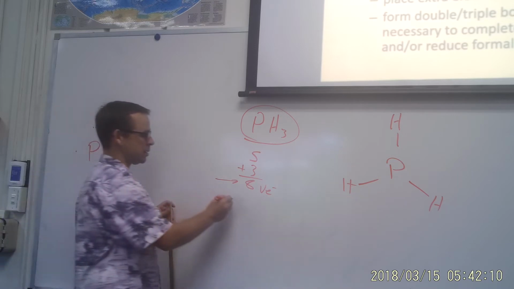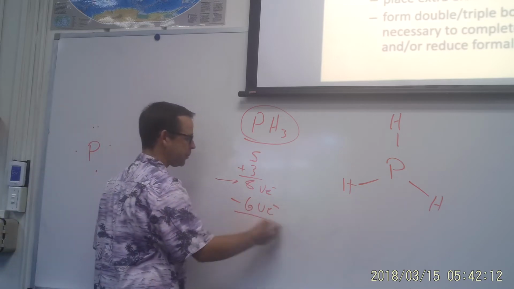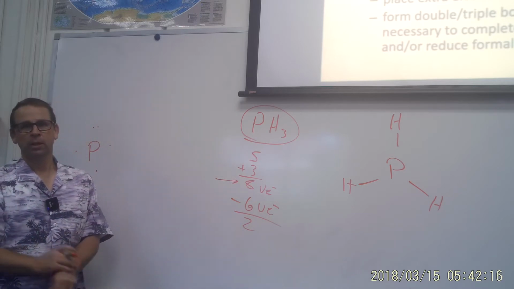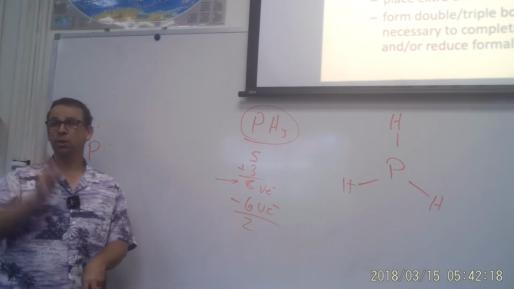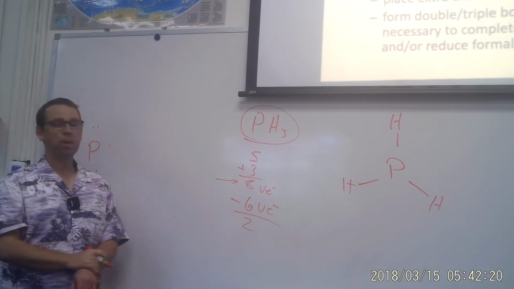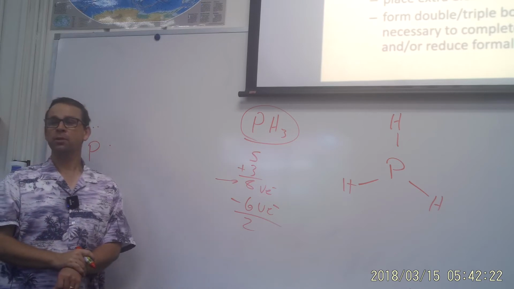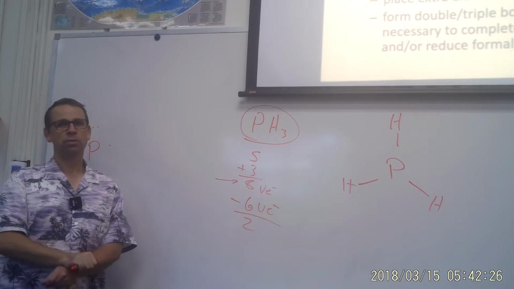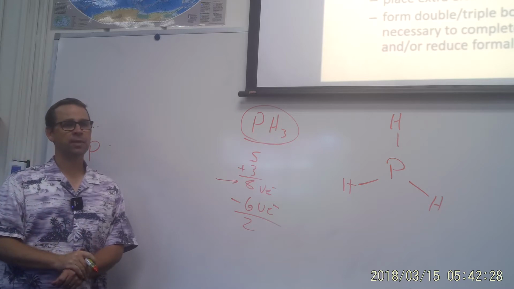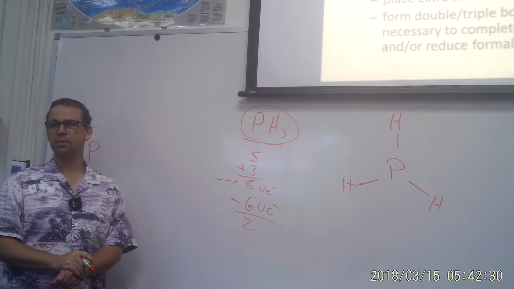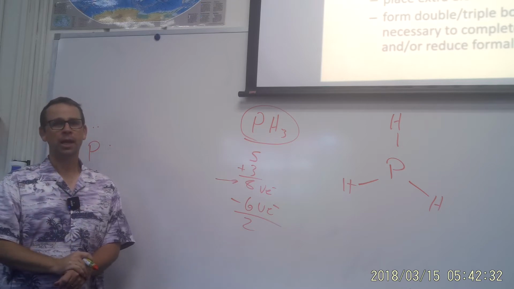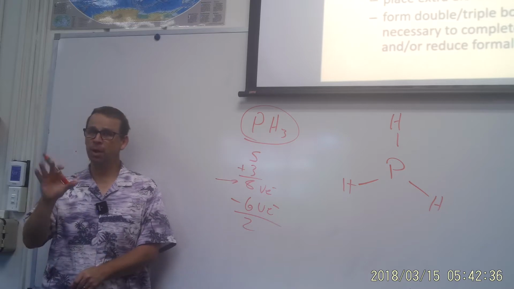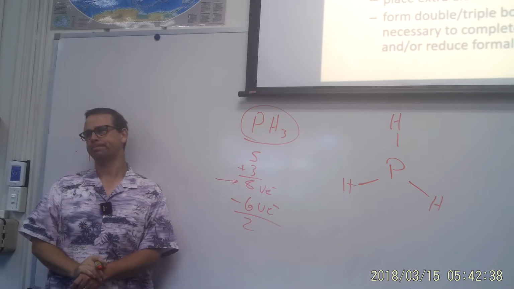6. There's already 6 out there. So I have only 2 left. Now, I put these 2 on elements in my molecule in an effort to make sure everybody has access to the number of electrons they need to fill their valence, their outer shell, and everybody wants to have the number of electrons they brought to the party right around them.